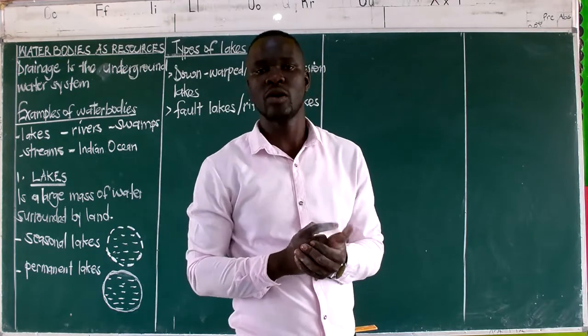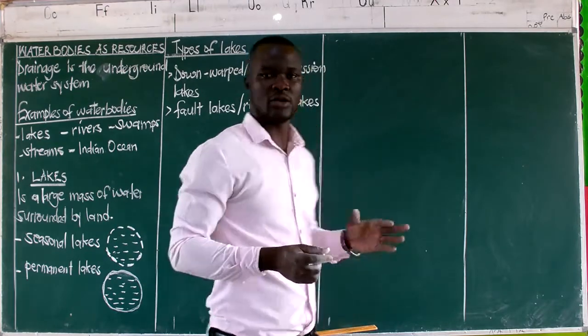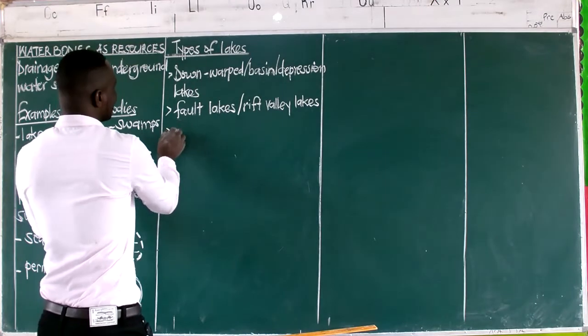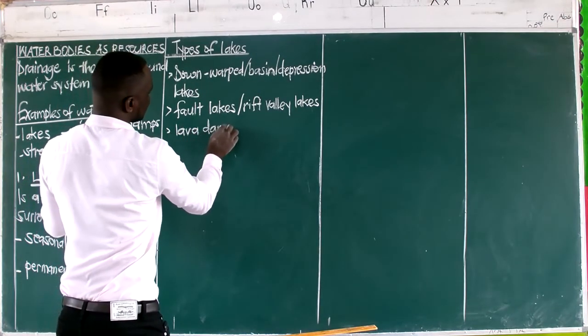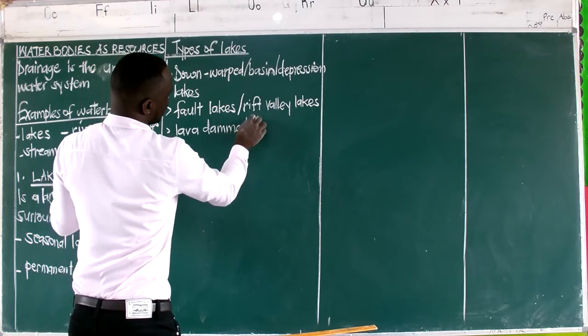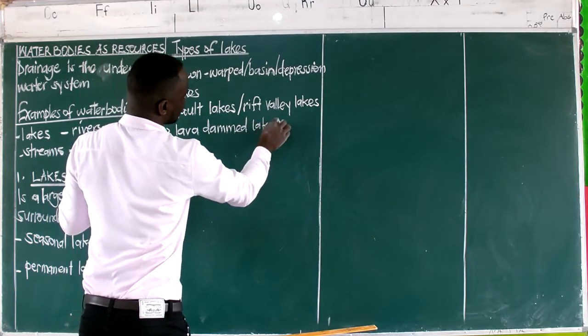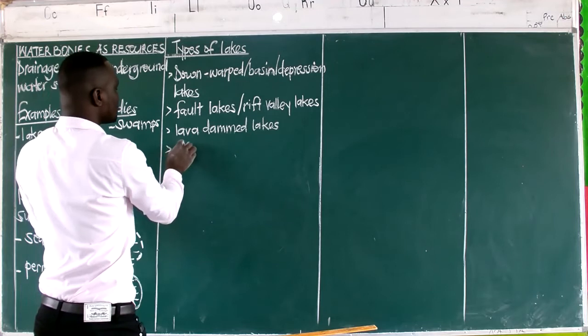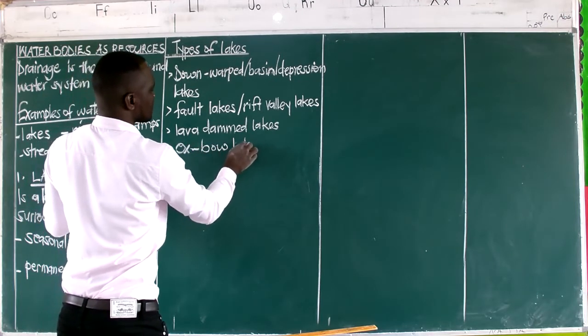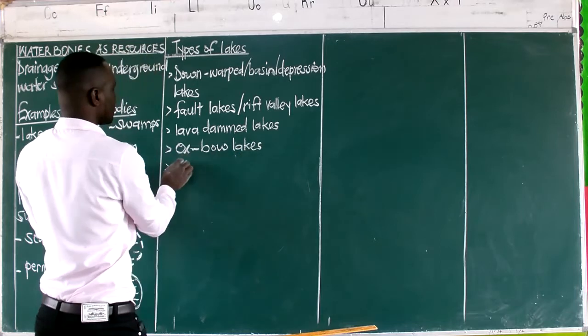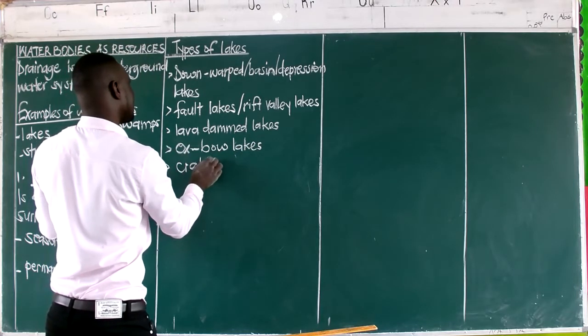Then we have what we call lava dammed lakes, or we can also call them lava blocked lakes. We shall also have what we call oxbow lakes. We shall also talk about crater lakes.